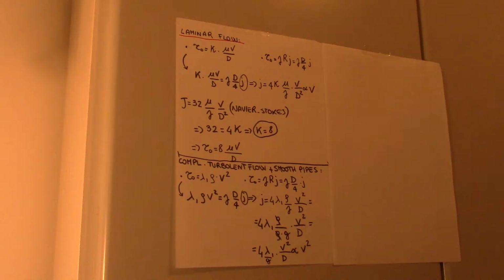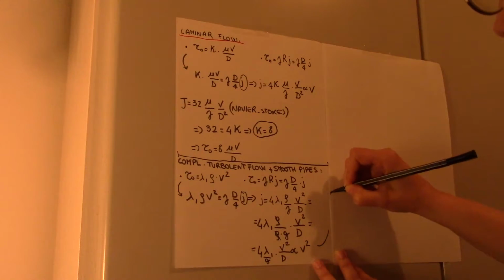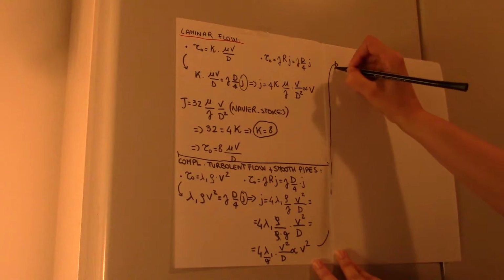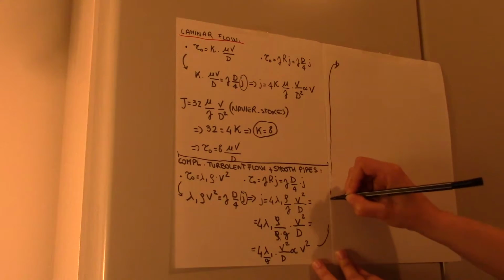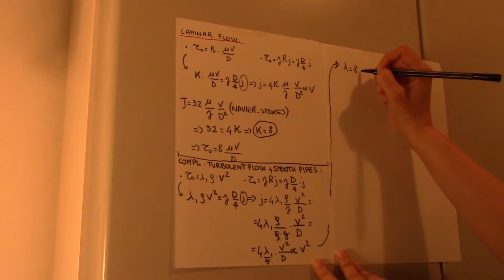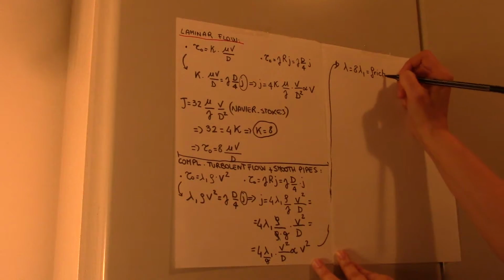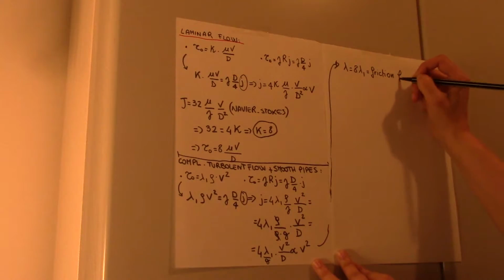Okay, so commonly we can say that for this case we define the factor lambda, which is equal to 8 lambda 1. This factor lambda is our friction factor.